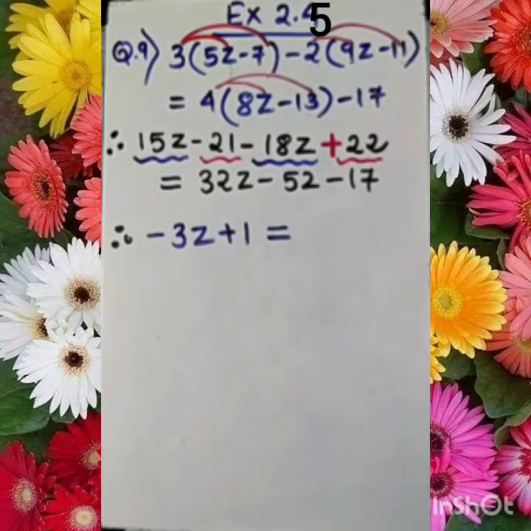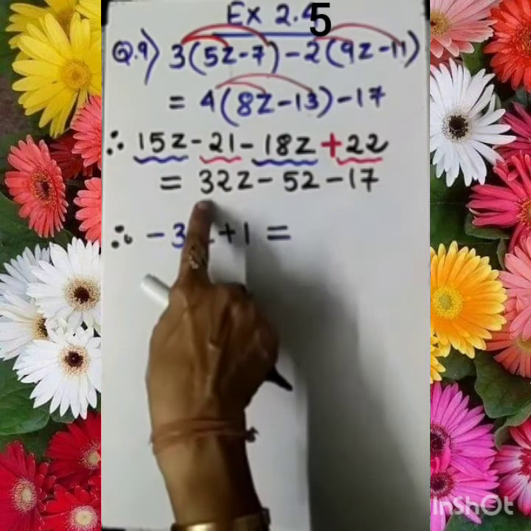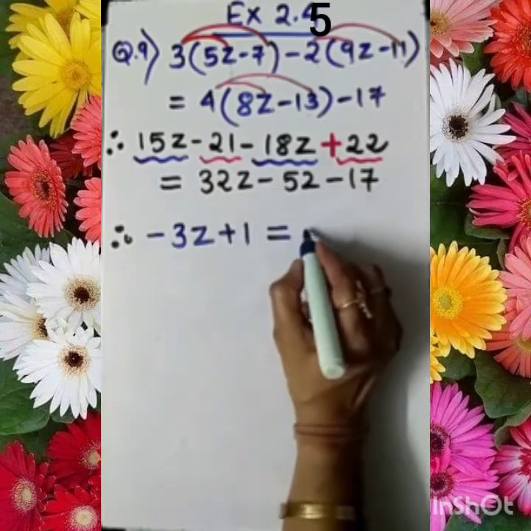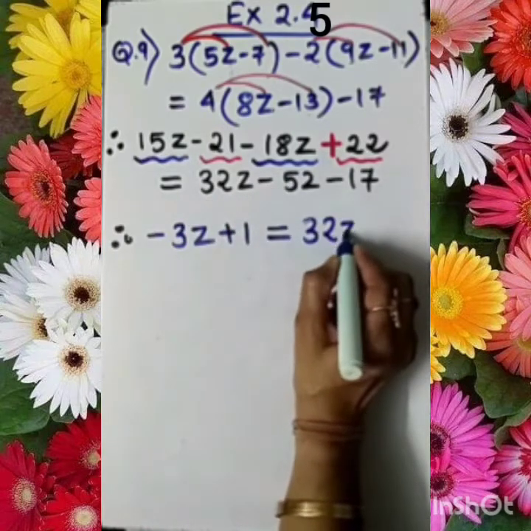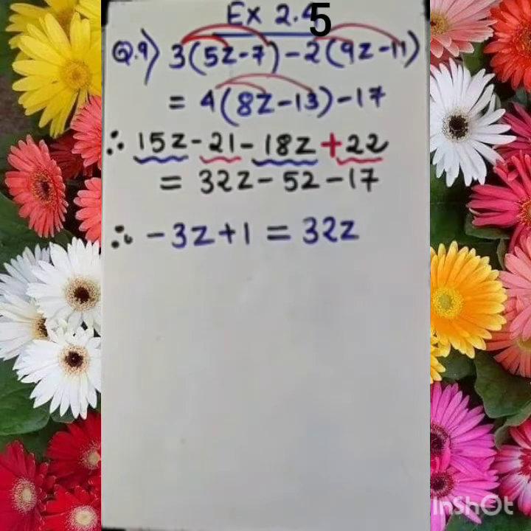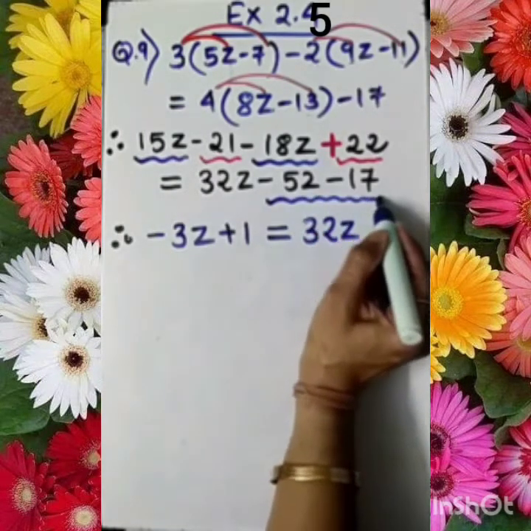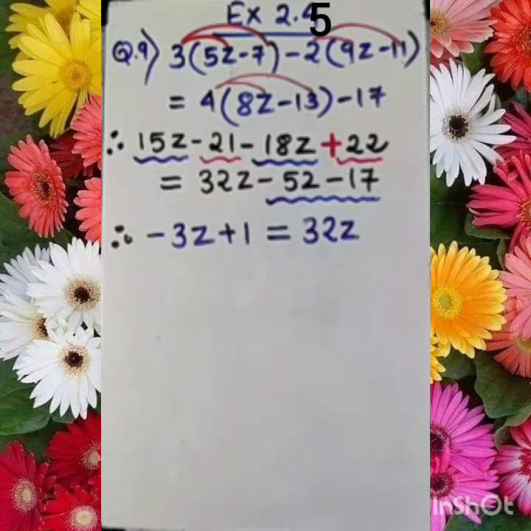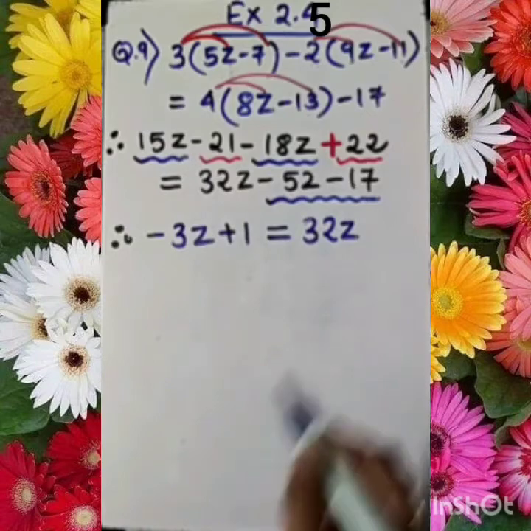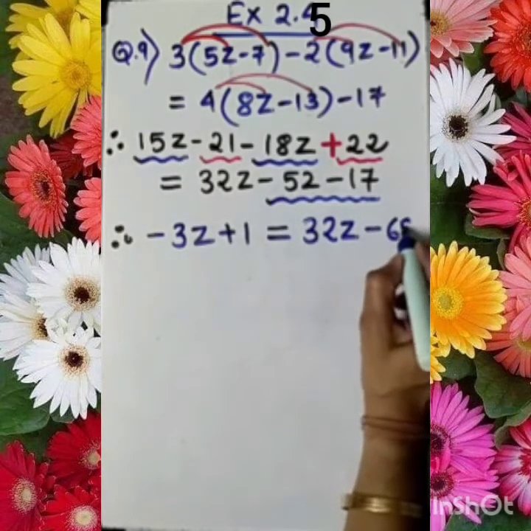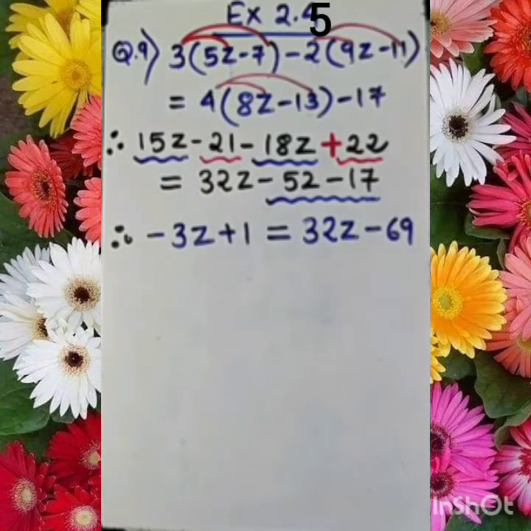Work out on the RHS. Here you can see on the RHS, 32z is a single term along with the z variable. And these two terms are constant terms, minus 52 minus 17. So let me add them. The sum of both will be minus 69.